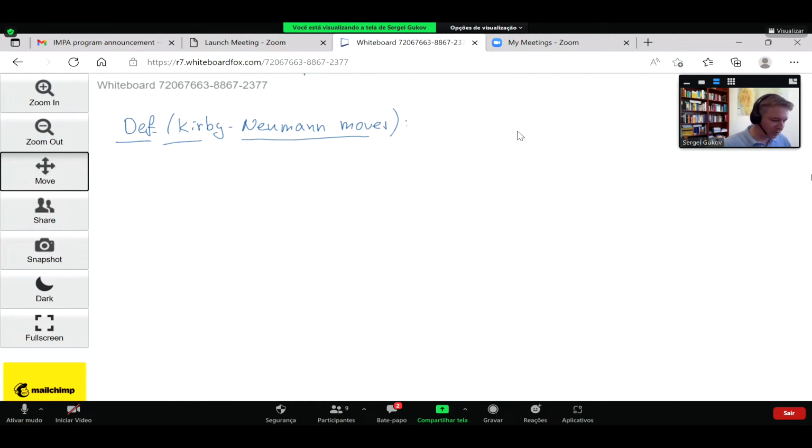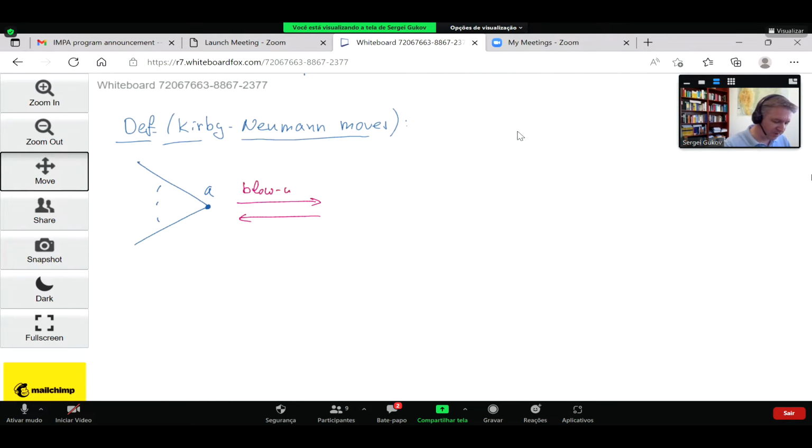So what are the Kirby-Neumann moves? First of all, if you see a piece of graph which looks like this, so basically a vertex connected to other things, which is fairly generic, what you're allowed to do is consider an operation called blow up.